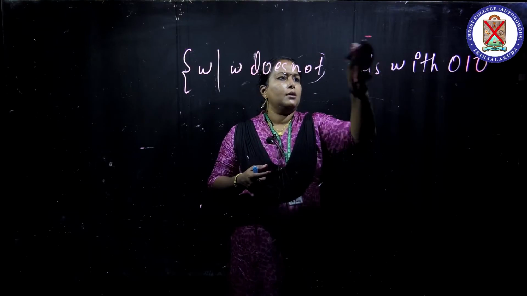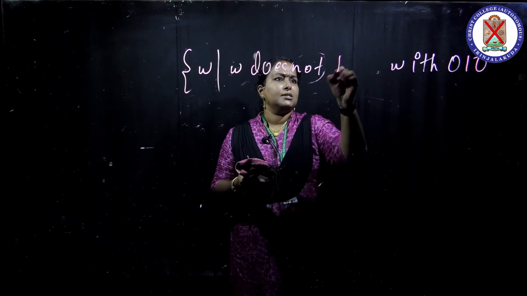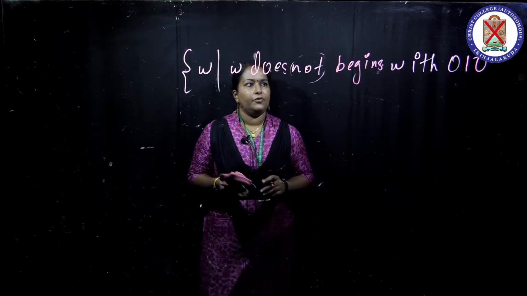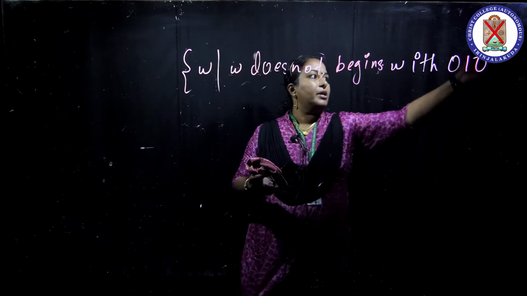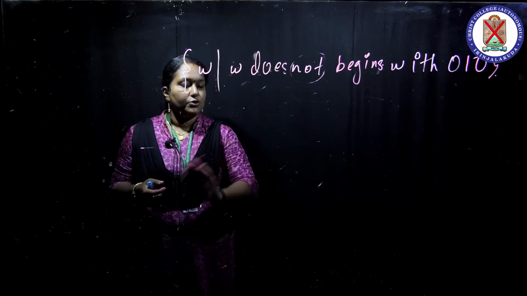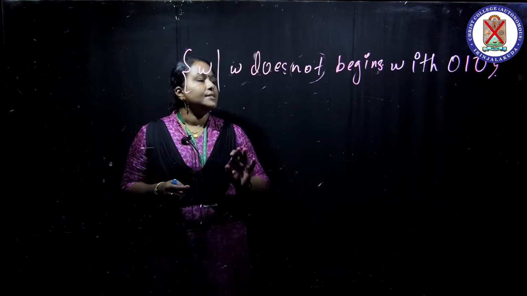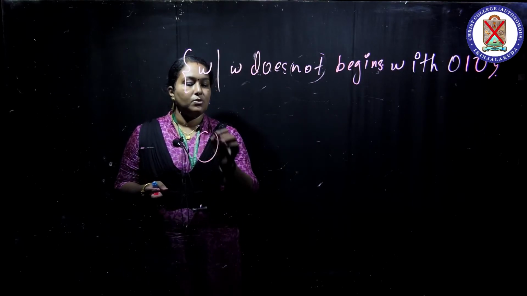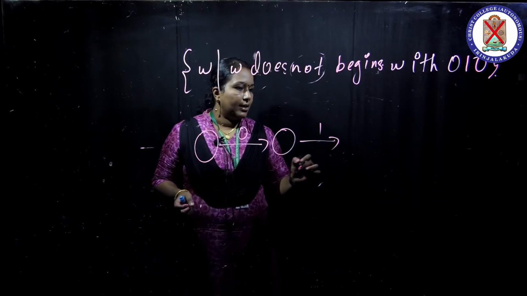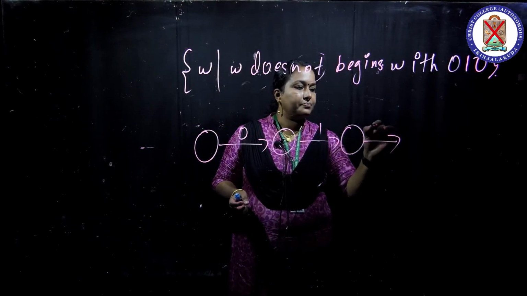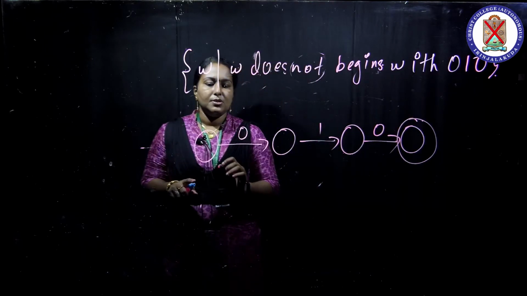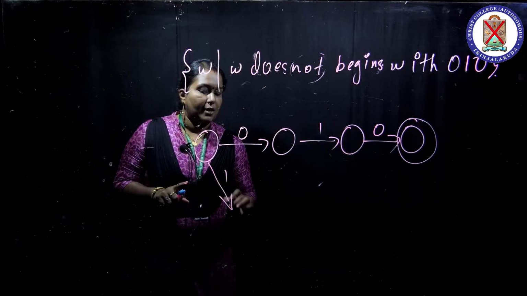You can modify it to a begins-with condition, so it will be a different DFA: W does not begin with 010. How can we do this? First we draw a DFA which begins with 010. Similarly, we put arrows with the conditions or the strings. So it begins with 010, and we are moving with the trap state.